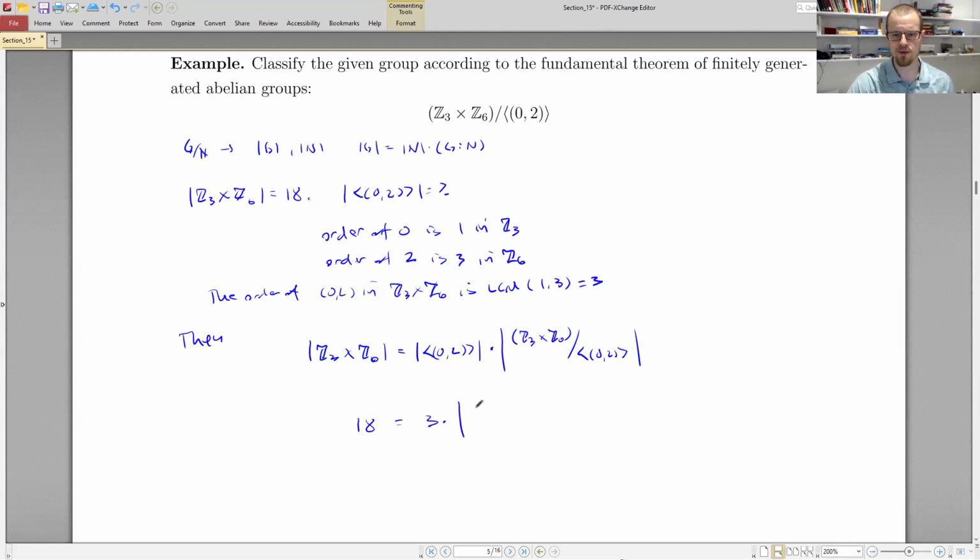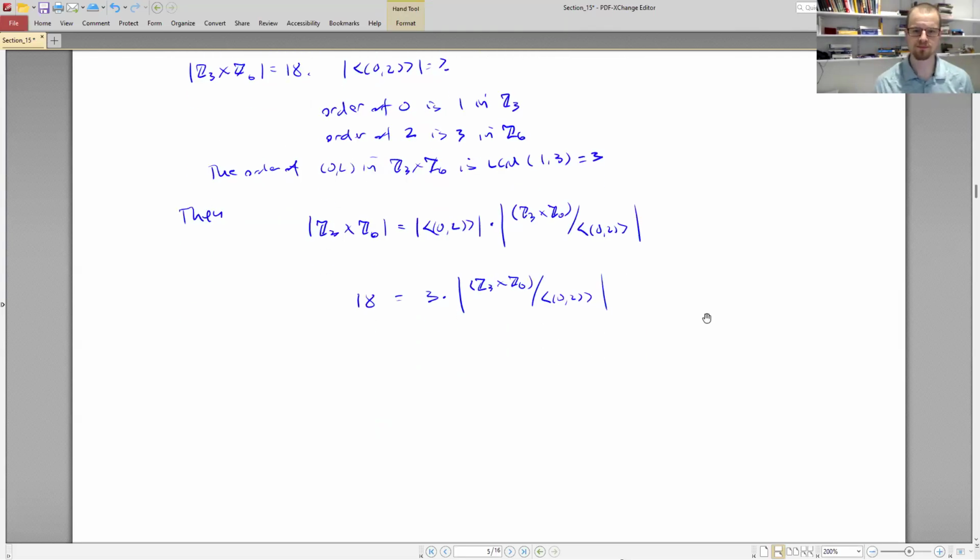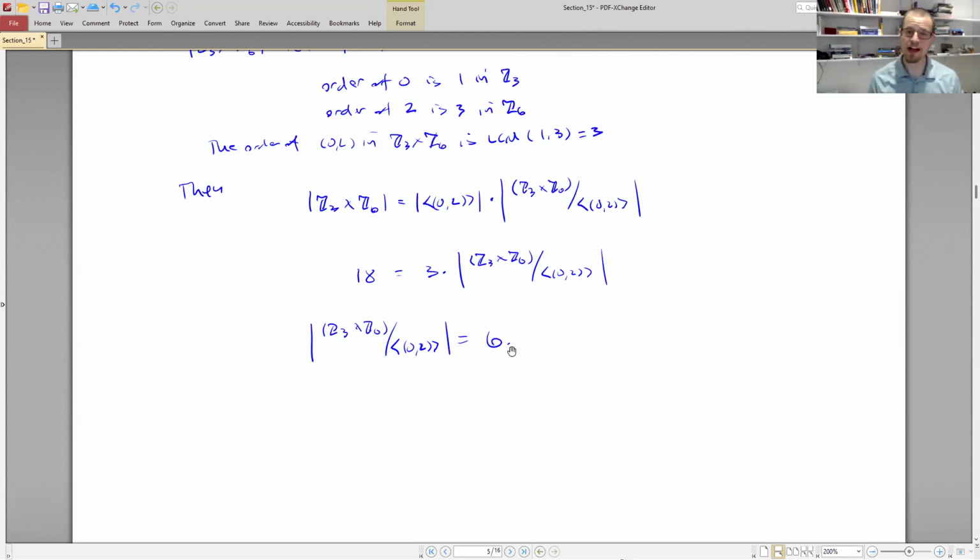And that's going to identify for us the order of the group of interest. Wonderful. So that tells us that the order of Z3 cross Z6 quotient by what's generated by (0, 2) is equal to 6. Now that in and of itself is completely descriptive of the classification for this quotient group.